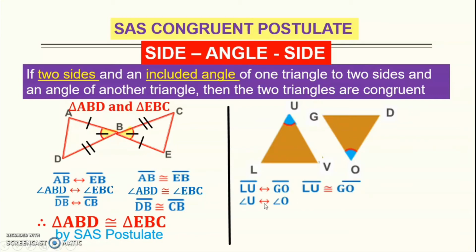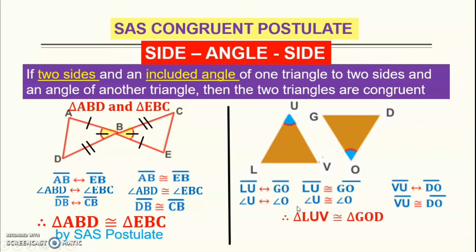Then angle U corresponds to angle O. Then side, ito naman, kasi SAS tayo, so side, angle, and side. So itong side na to, side VU corresponds to side DO. Therefore, triangle LUV is congruent to triangle GOD by SAS postulate.